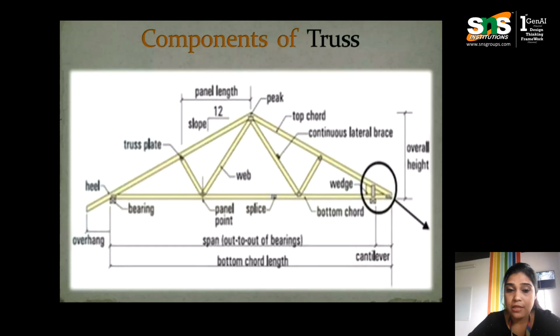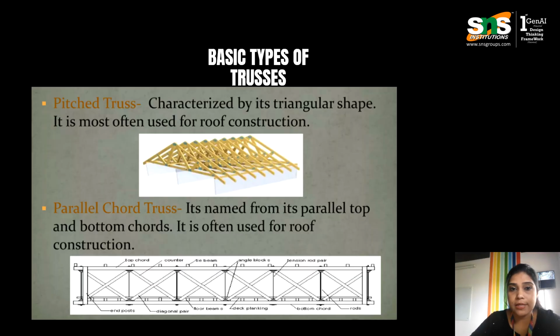Next is the cantilever, the part of the top or bottom chord extending beyond the bearing support. Next is pitch, the angular slope of the top chord, and bracing members connect trusses together to ensure stability, such as longitudinal bracing. So these are the important components of a truss.